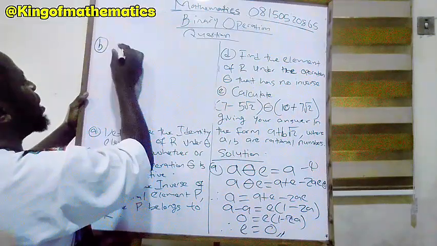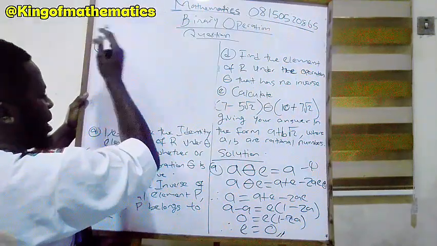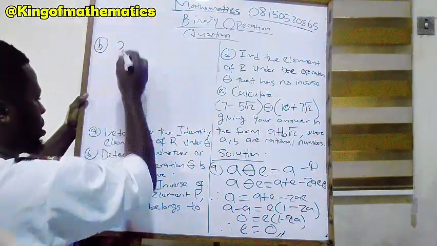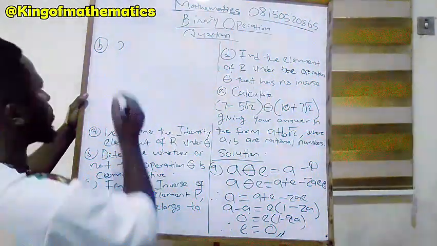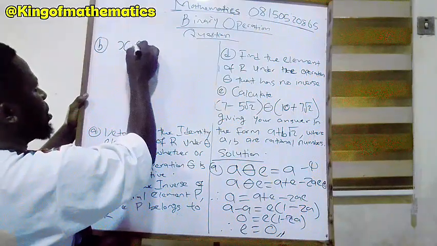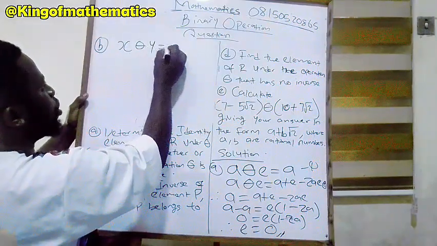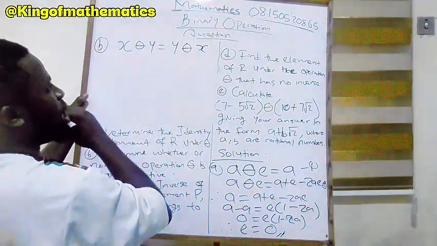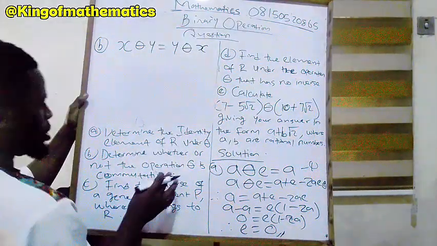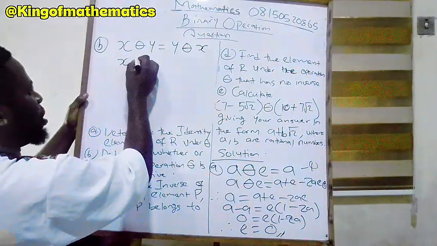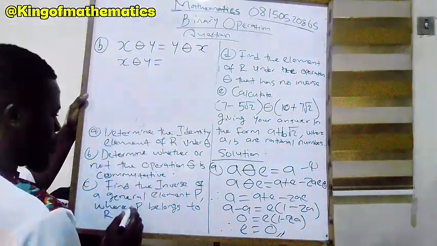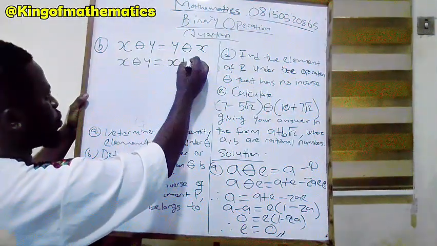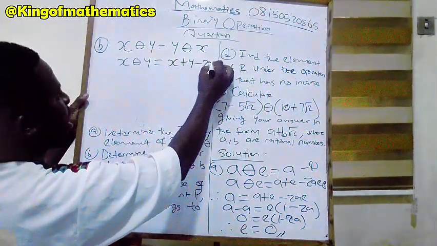To determine whether it is commutative, x operation y must give us y operation x. So let's check whether it's commutative. We have been told that x operation y is going to give us x plus y minus 2xy.